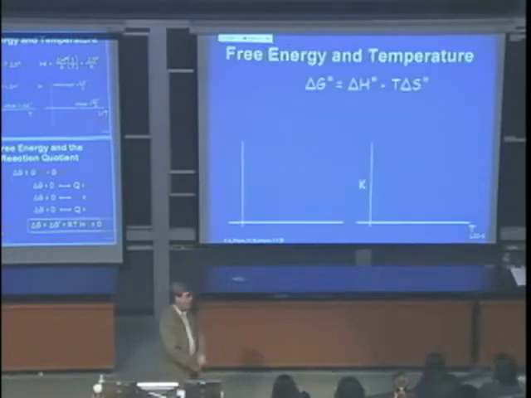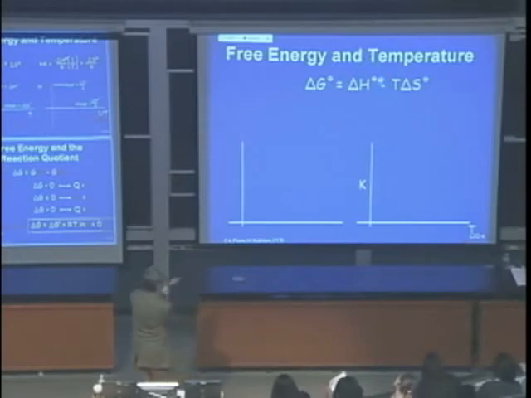So now we know that the change in free energy at standard state is the change in the enthalpy at standard state minus the temperature times the change in entropy at standard state.